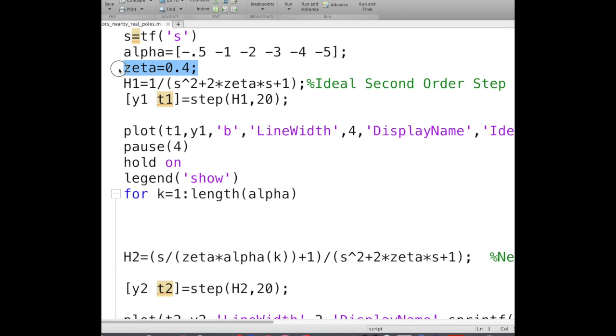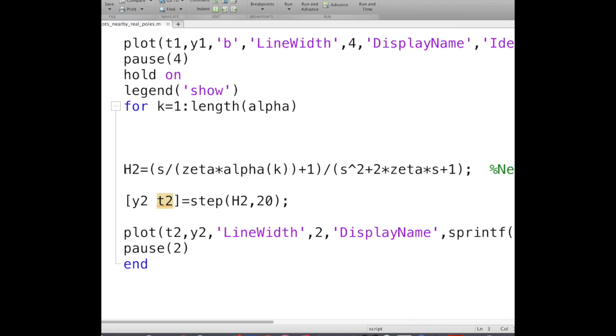We're choosing a specific value of zeta for this. You can change that value of zeta and see how it would affect the response, but zeta equal 0.4 gives you a little bit of an overshoot in a natural ideal second order step response. As we move down, we see that what we needed to change was the transfer function. And so here's the overall transfer function, and you'll notice that in the denominator now I have the zero location at zeta times alpha.